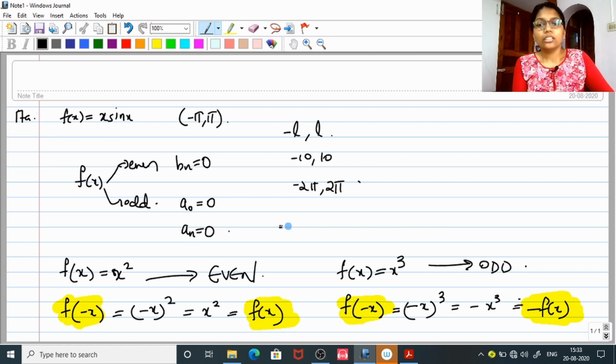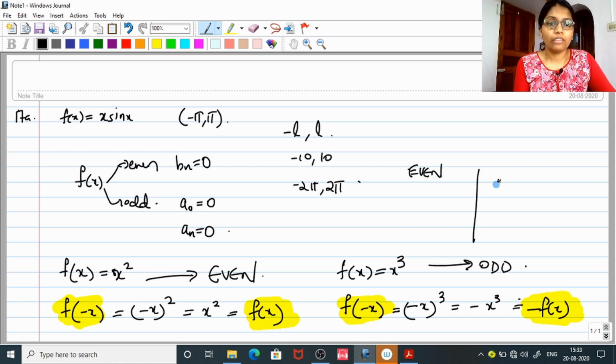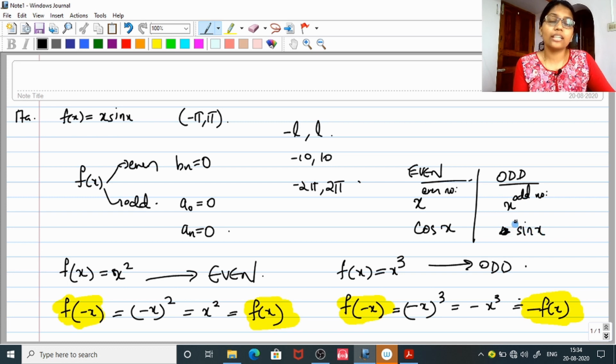Okay, so we have to check the same for this function also, but you have got another idea too. That means I will tell you which are even functions and which are odd functions. x raised to an even number is always an even function, and x raised to an odd number is always an odd function. Also cos x is an even function, and sin x is an odd function.